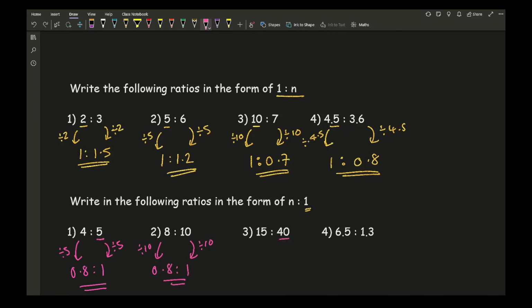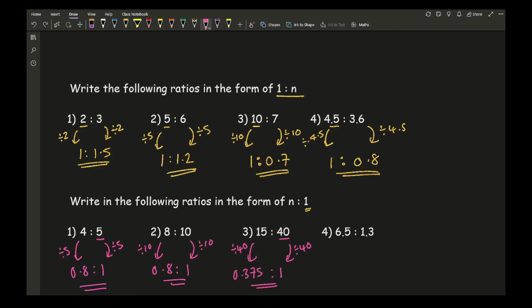Here I want the 40 to turn into a 1, so I'm going to divide both numbers by 40. Now this one I could simplify. If it was non-calculator, I'd probably simplify it first, divide numbers by 5 and then simplify it. But again, it doesn't really matter, especially if it's on a calculator paper, which most often these questions are. So it's going to be 1 and then 15 divided by 40 gives me an answer of 0.375.